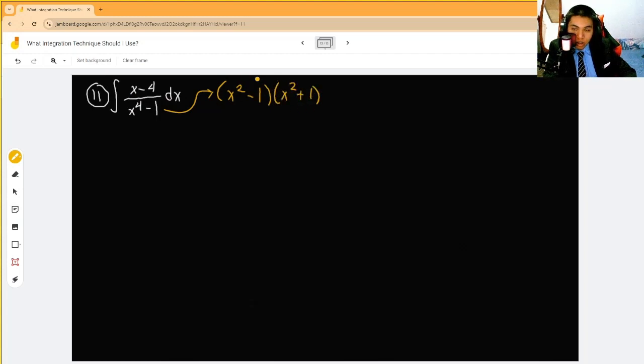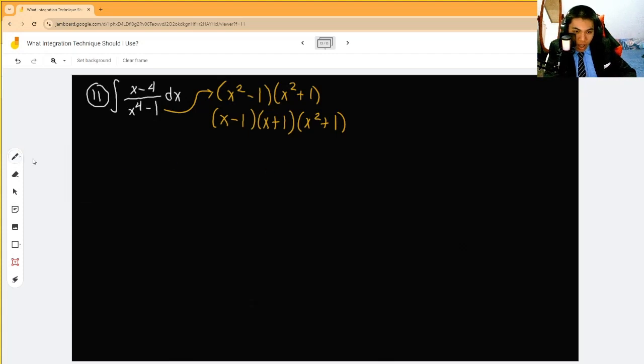And we can simplify this further: x squared minus 1 is x minus 1 times x plus 1. And then we retain x squared plus 1, since it is an irreducible quadratic. And we will see later on.